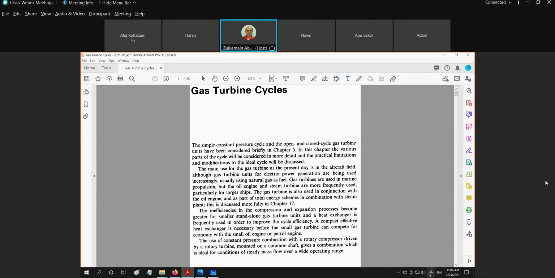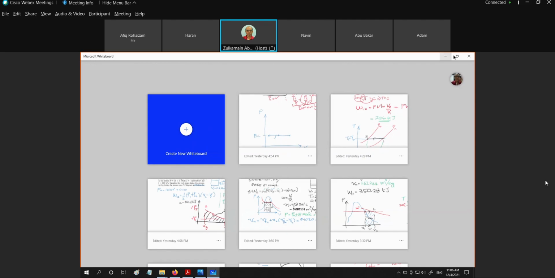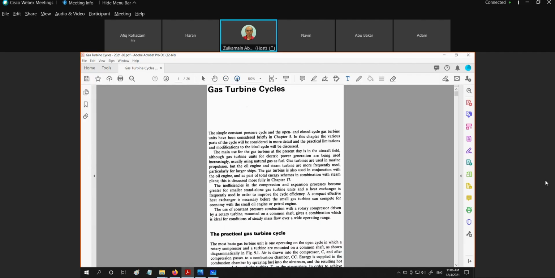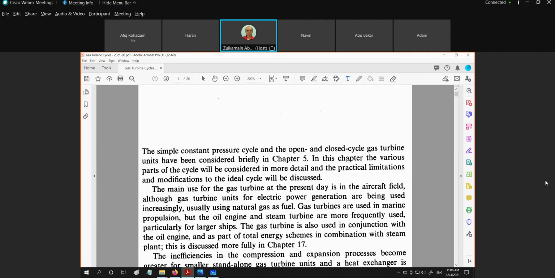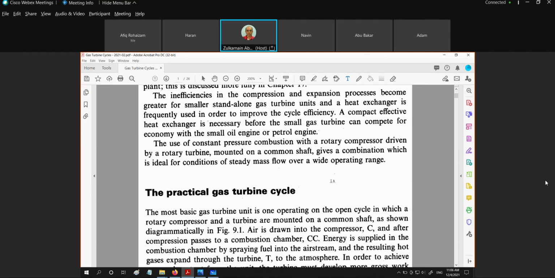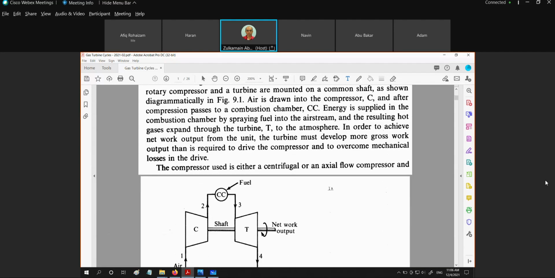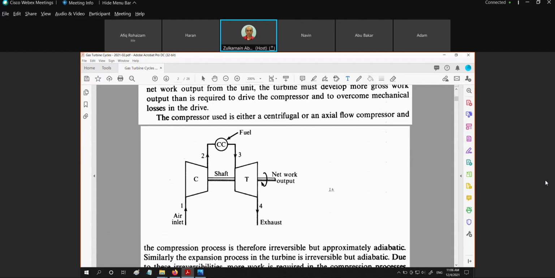So while waiting for the whiteboard to respond, let us look a bit at the textbook and what we have learned yesterday. Yesterday we looked at the Brayton cycle. This is the open type of Brayton cycle, whereby we can see that there is no closed loop, no heat exchanger at this part.